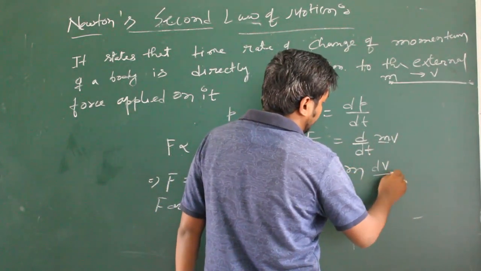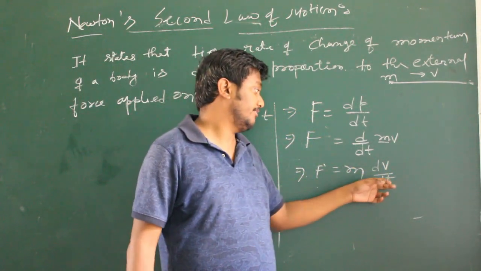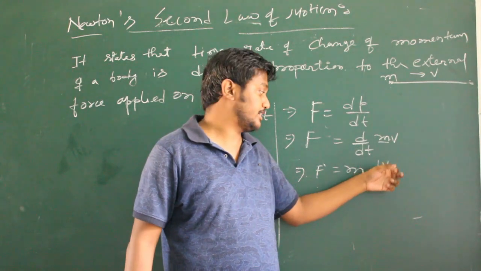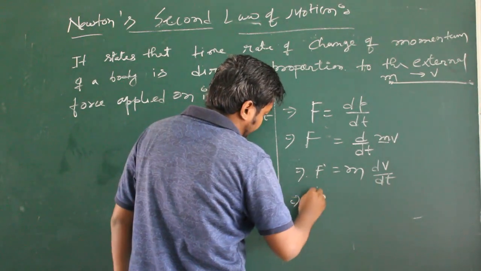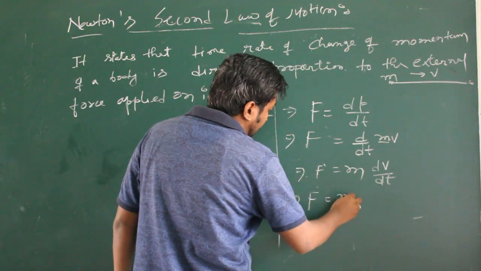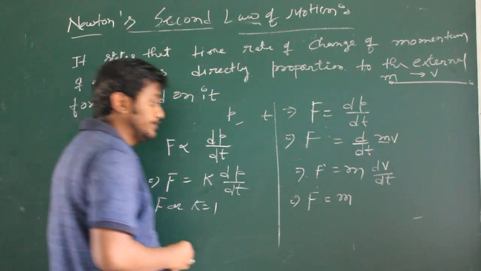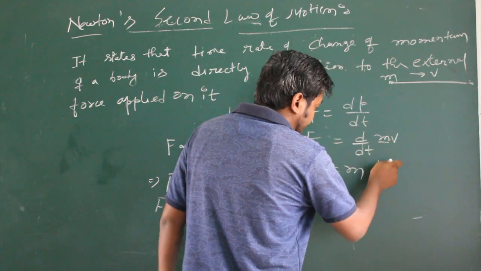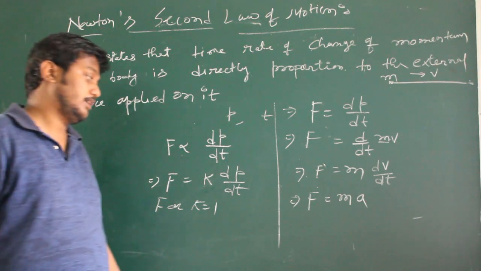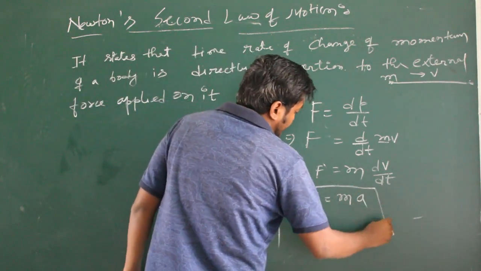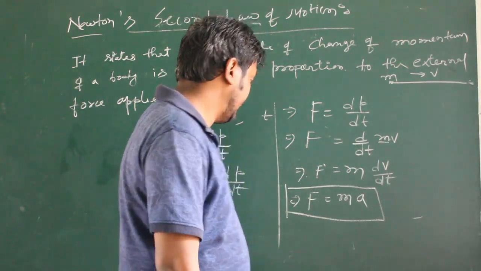So we can write dv by dt, that means the rate of change of velocity with respect to time. So F equals m into the rate of change of velocity. We know the rate of change of velocity is equal to acceleration. So dv by dt equals a. So this is the equation of force for a body of mass m and acceleration a.